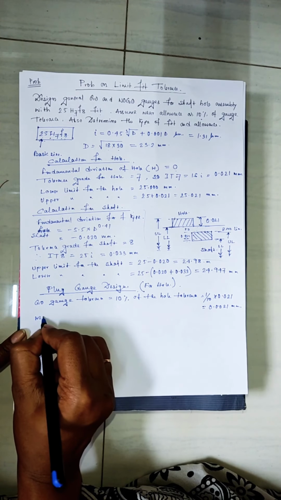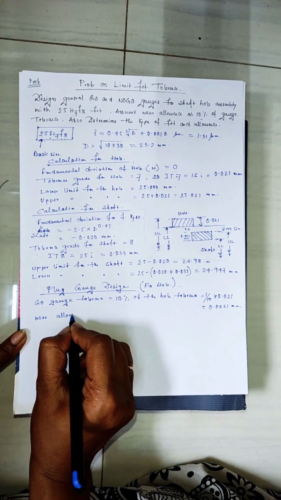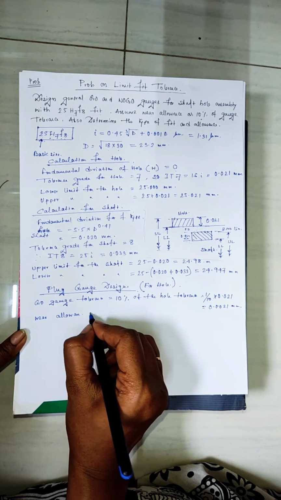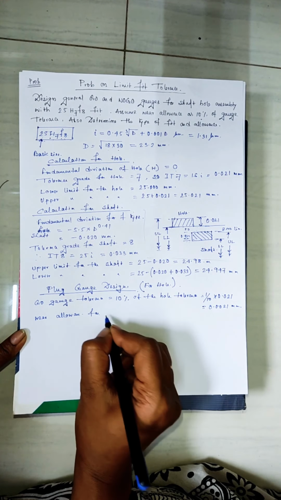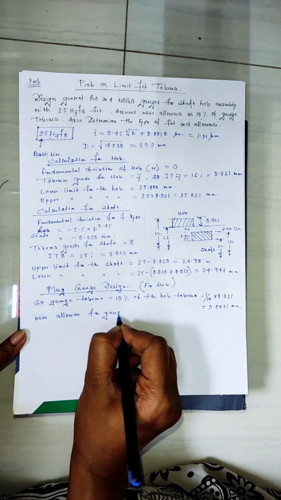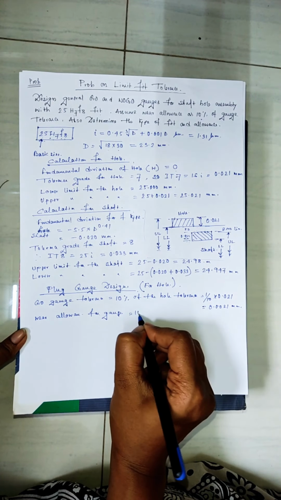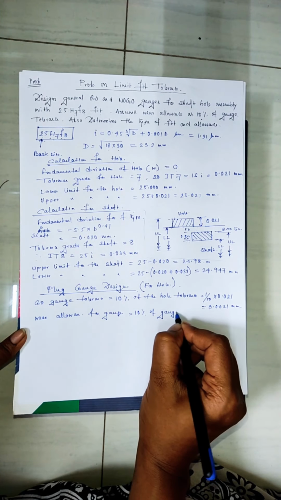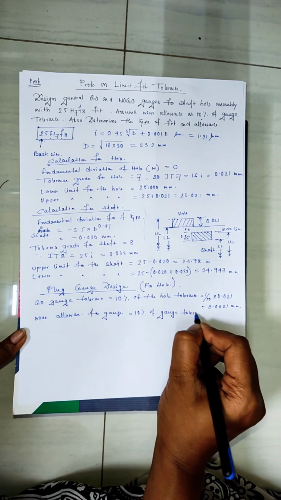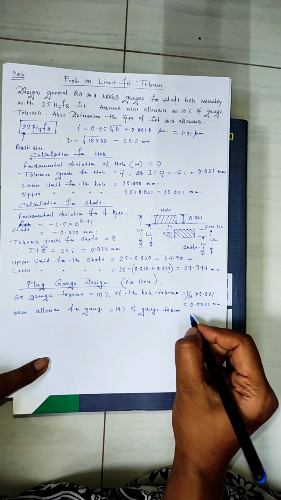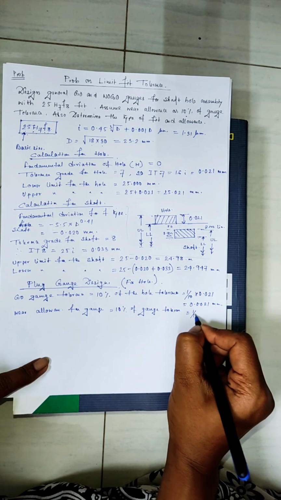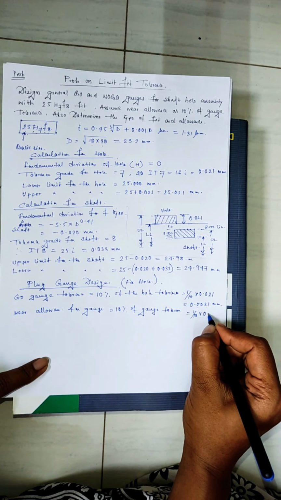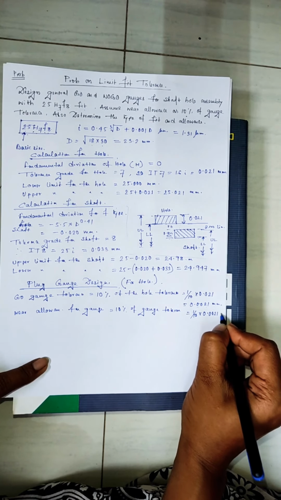The wear allowance for the gauge is equal to 10% of the gauge tolerance, so 1 by 10 multiplied by this gauge tolerance value, 0.0021 millimeter.